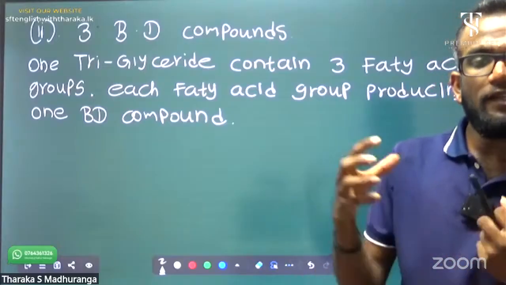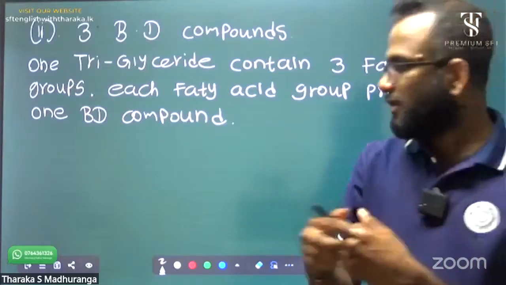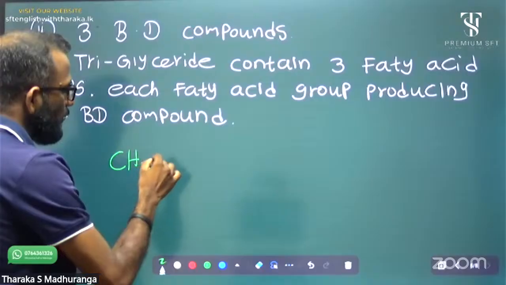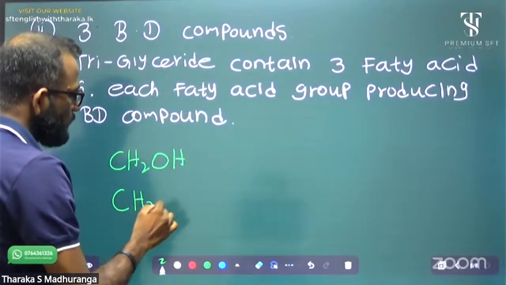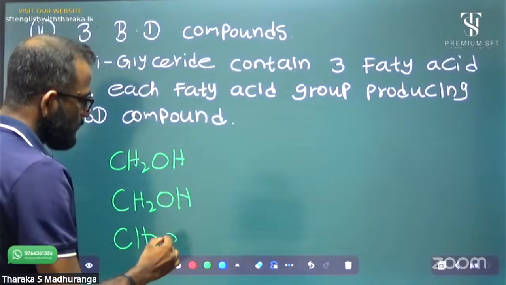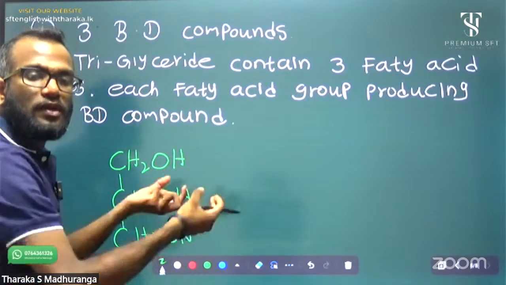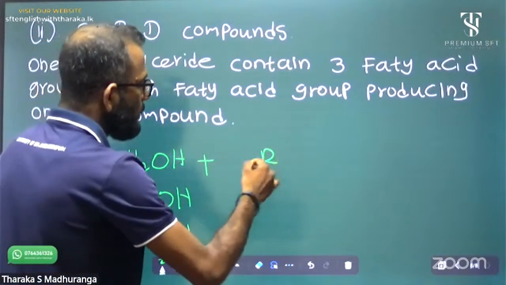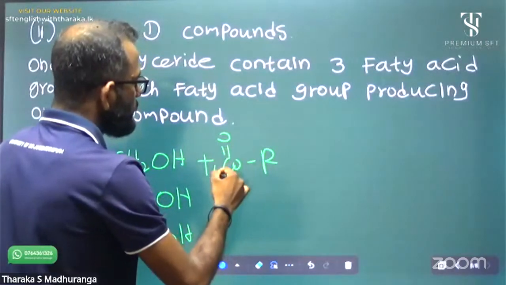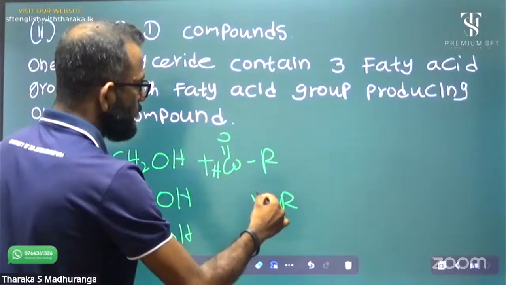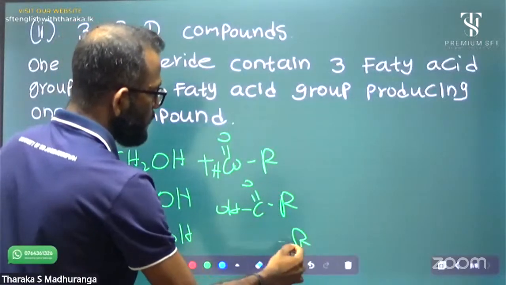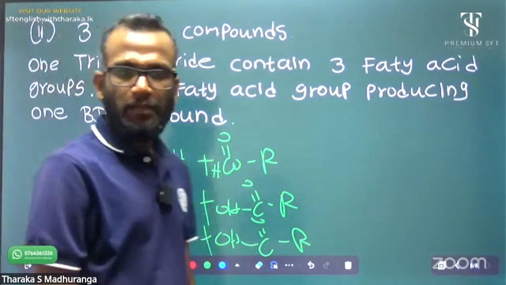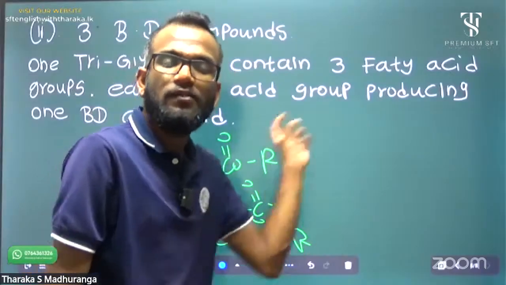Explain the reason. Because one triglyceride means one glycerol, CH2OH, this is glycerol. This glycerol is combined with 3 fatty acids, RCOOH, RCOOH, RCOOH. It contains 3 fatty acids. Each fatty acid converts into biodiesel.